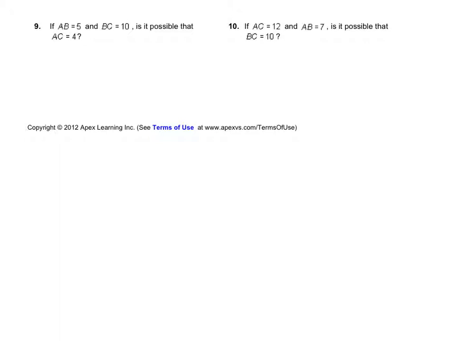Number 9 says if AB is 5 and BC is 10, is it possible that AC is 4? So what that's telling you is if you have a triangle of sides A, B, and C, where AB is 5, BC is 10, can AC be 4? Is that possible?